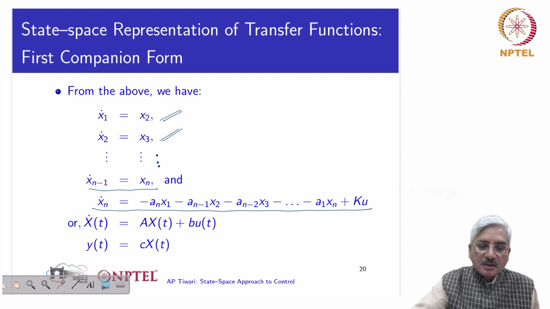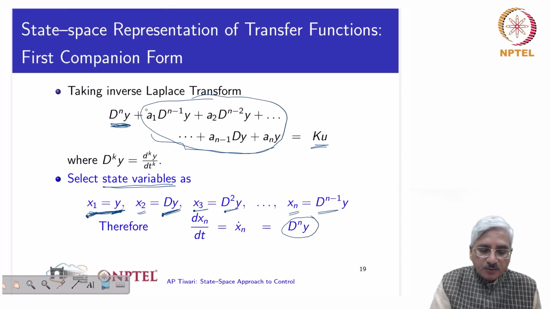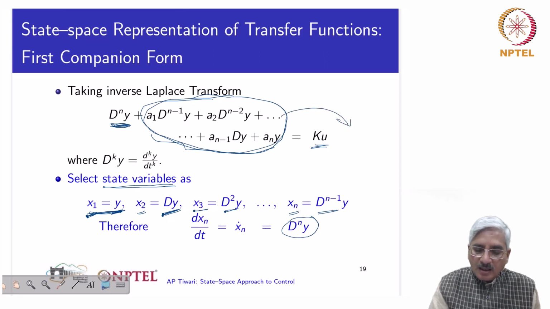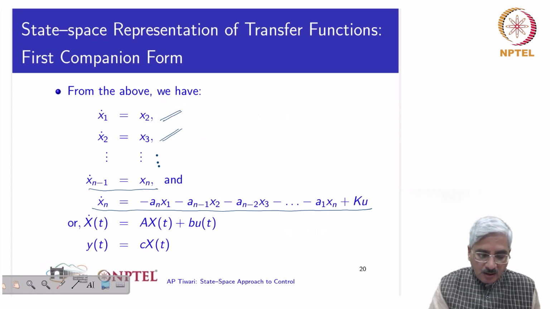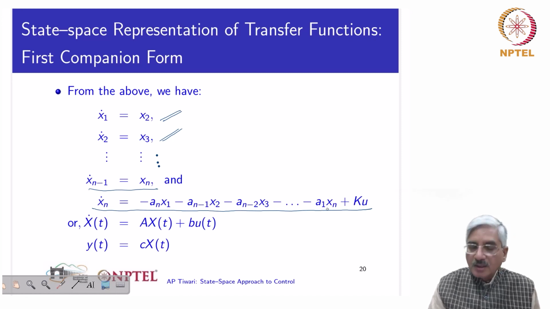Coming to this equation, we take all the rest of the terms to the right, and we substitute y equal to x1, dy equal to x2, and so on. So we get xn dot equal to minus an x1, minus a(n-1) x2, and so on up to minus a1 xn, plus ku.